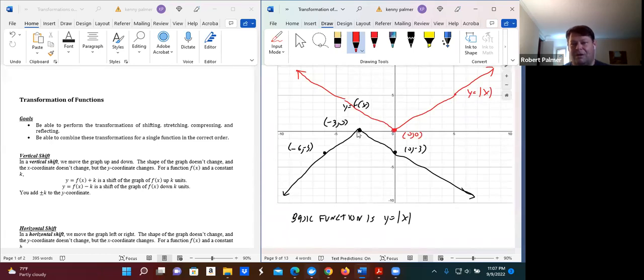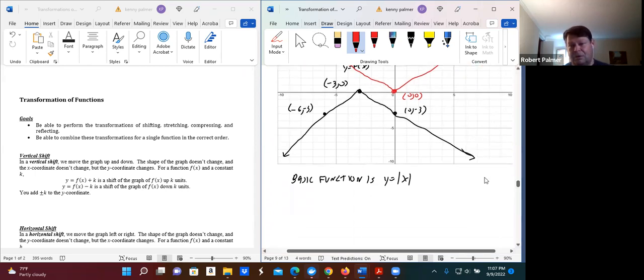So you can tell that basically this has been a shift of some kind from here to here. It has gone from 0, 0 to negative 3, 0.